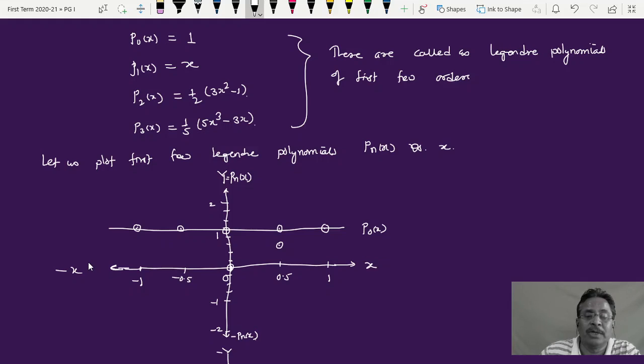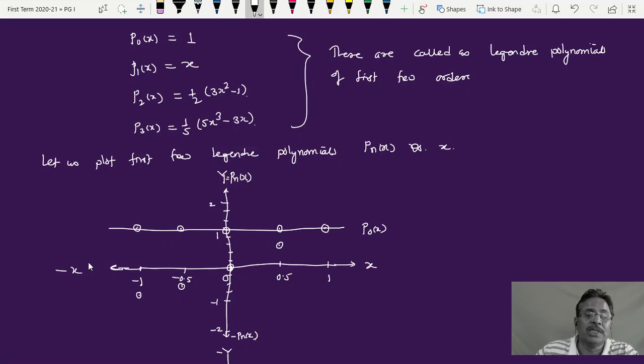So I'll get this particular number. Same on the negative side, when I put x is equal to minus 0.5, I'll get this value here, half of this. When I put x is equal to minus 1, P1 of minus 1 is equal to minus 1. So I'll get this value here.